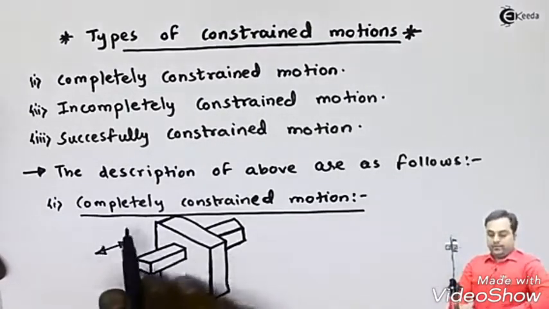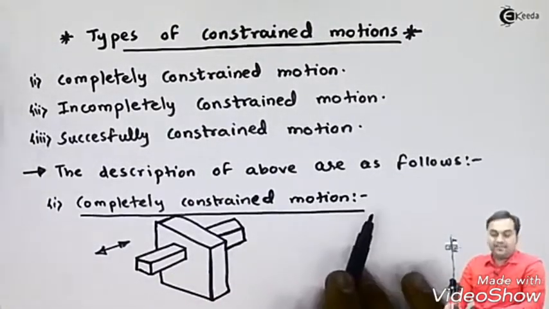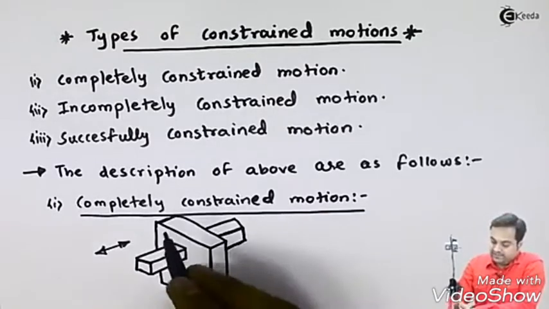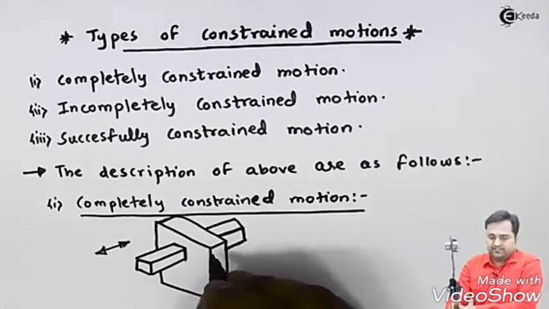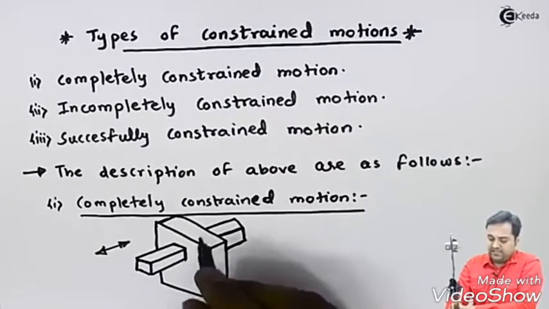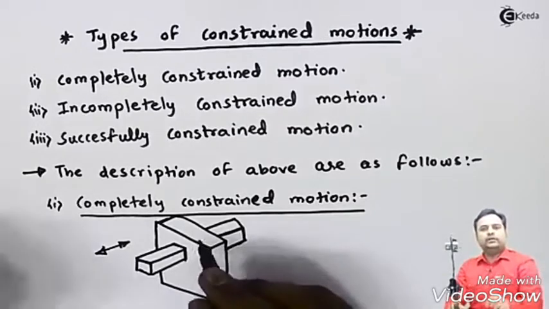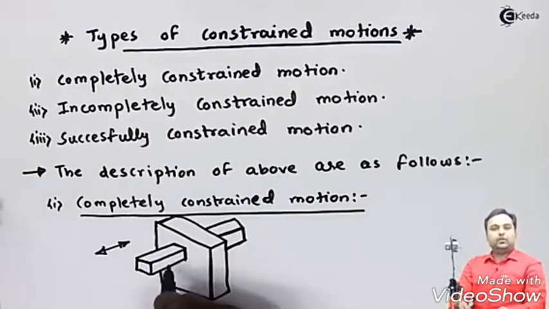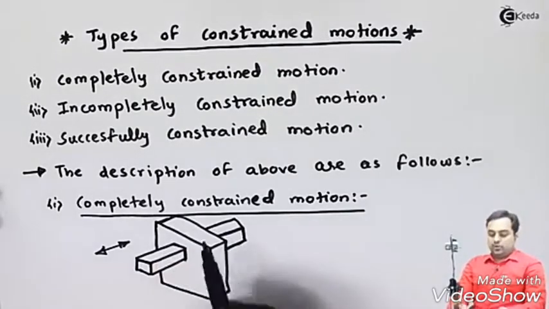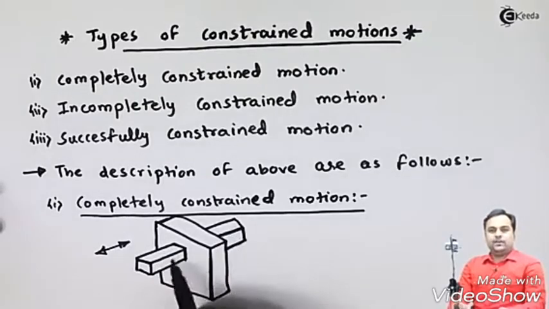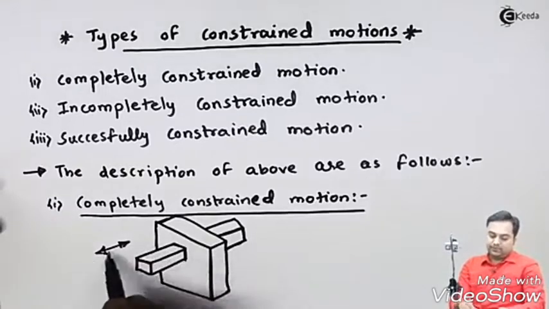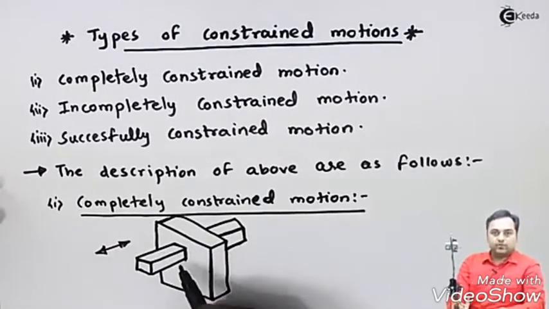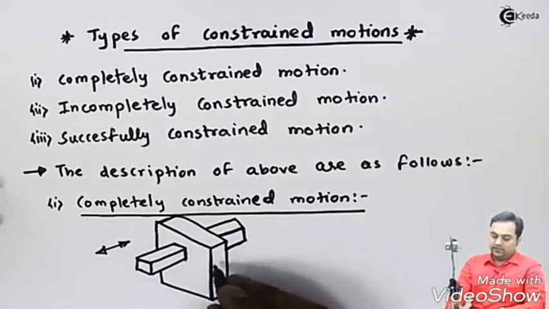Now, completely constrained motion can be explained in such a way, like if we have a square hole in one of the discs, that is this vertical disc, and then we have a square bar. Whatever is the direction of force applied, this square bar will only reciprocate inside this square disc, we can say.